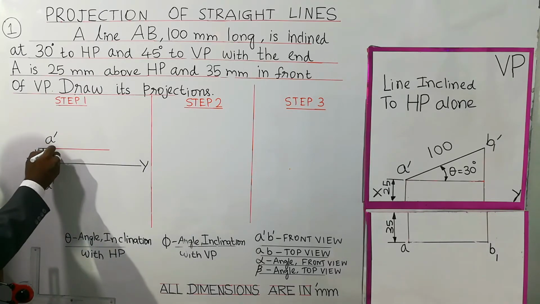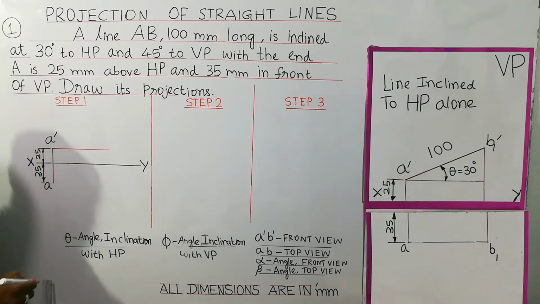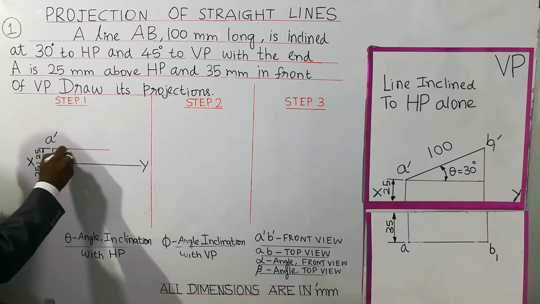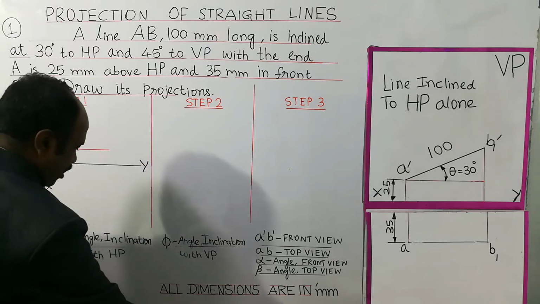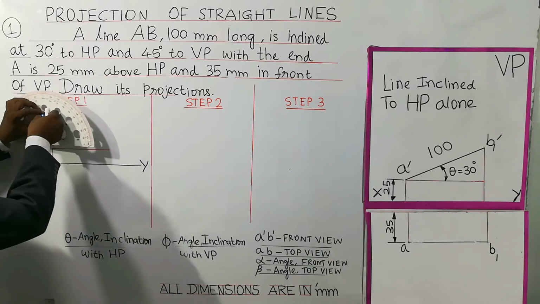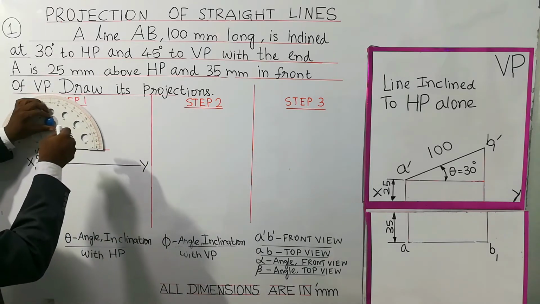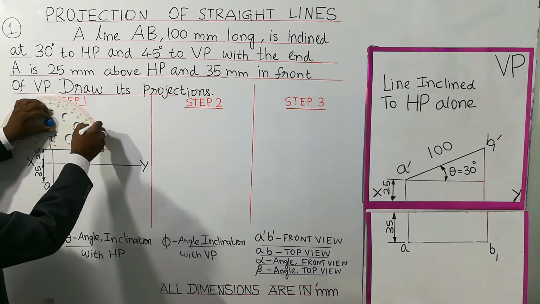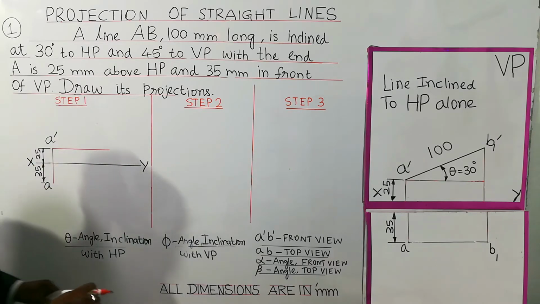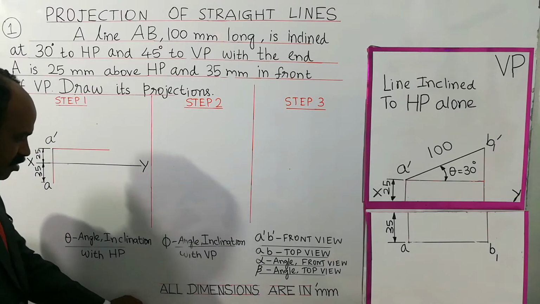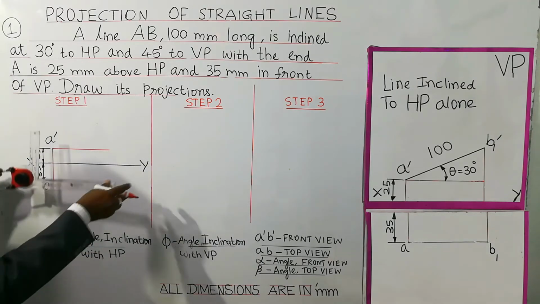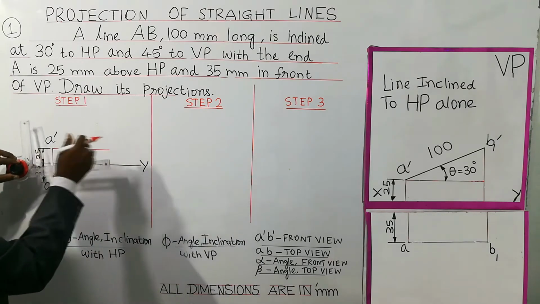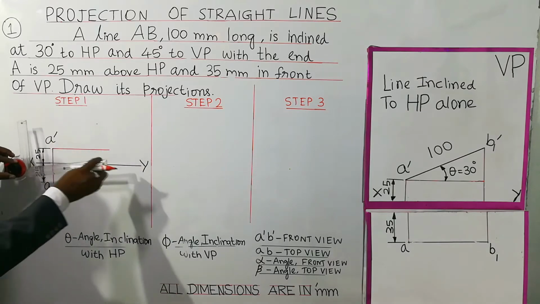With this red line as reference, put a point at an angle of 30 degrees, mark the 30 degree angle, and using a drafter scale, adjust your scale and connect the marked point with A dash.